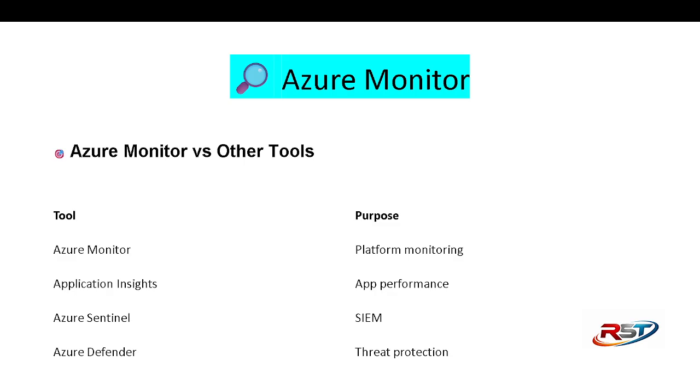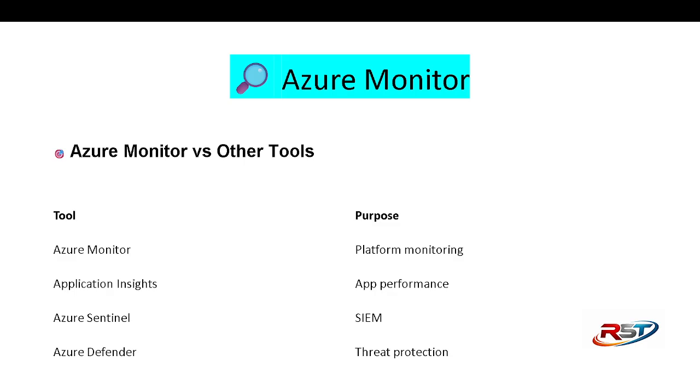Azure Monitor will monitor everything, whichever way we configure it. And Application Insights is for application performance only: how the application is working, how it is performing, and the insights of the application.